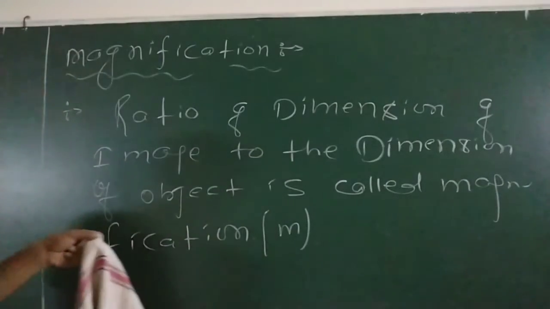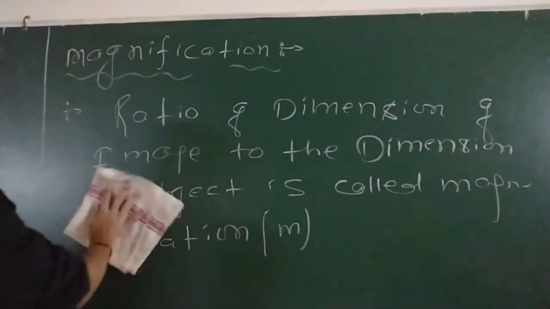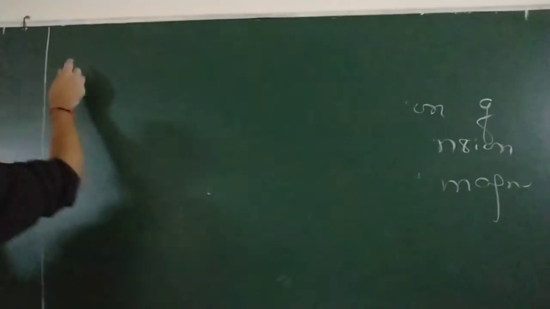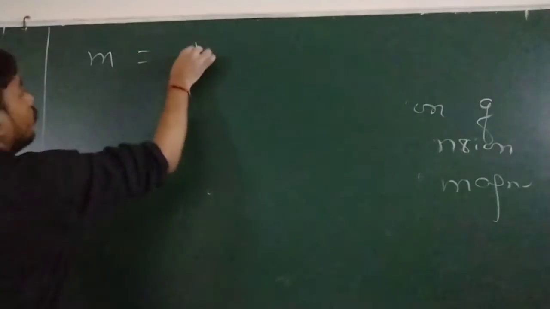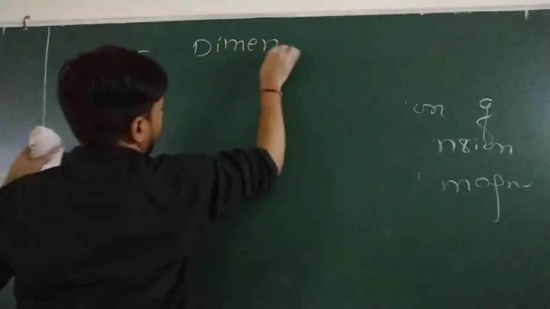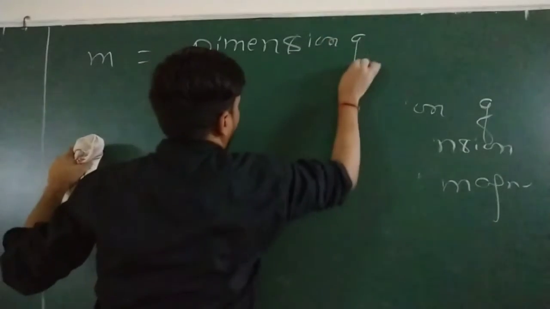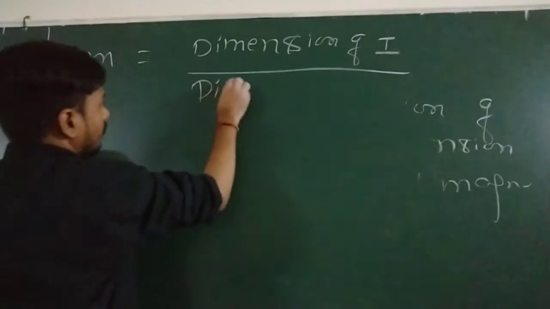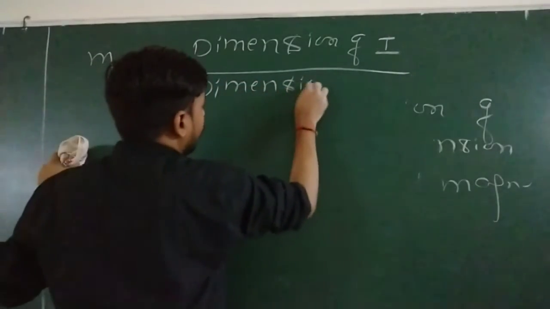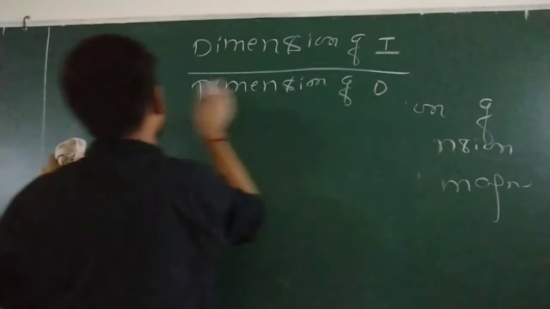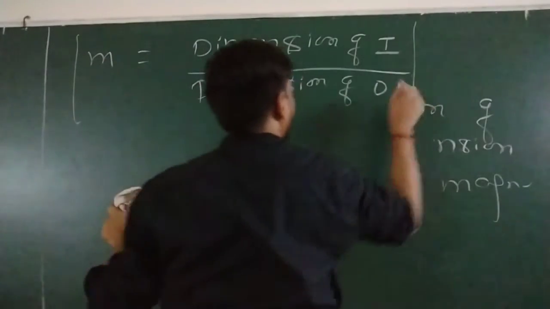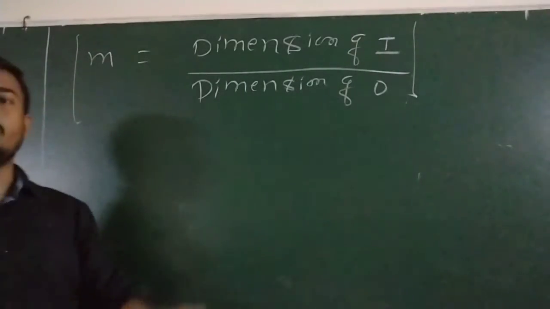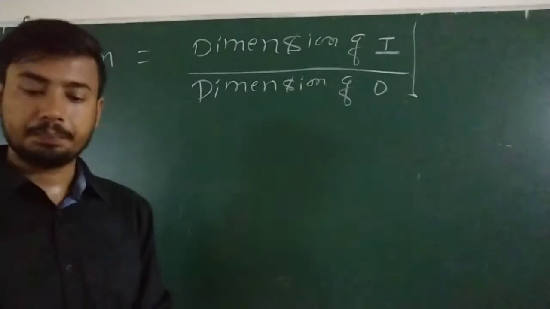Okay. Now coming to its mathematical formula, see here. m is equal to dimension of image, I for image, divided by dimension of object, O for object. So this is called magnification.